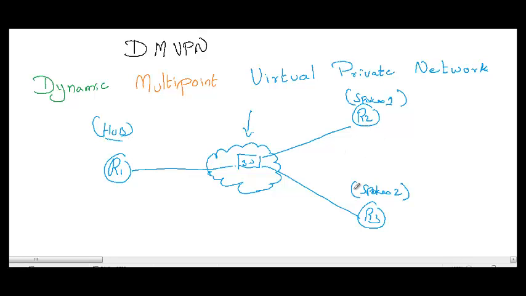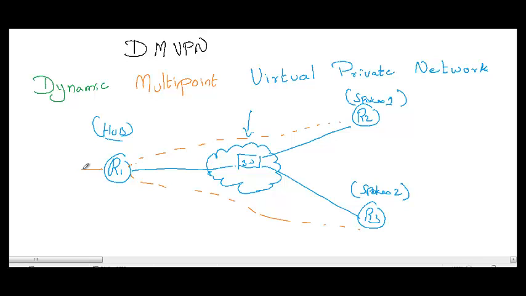So R1 can talk to R2 and R2 can talk to R3. This is the physical topology.